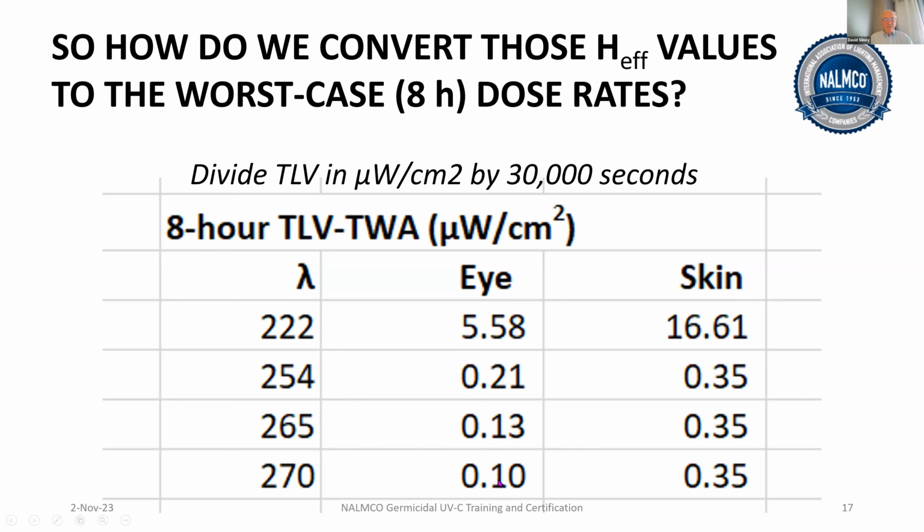And finally, 270, S lambda is equal to 1, so that's the lowest limits you'll find, 0.1 microwatt per square centimeter for the eye over 8 hours, and 0.35 microwatts per square centimeter for the skin, according to the ACGIH 2022 limits.